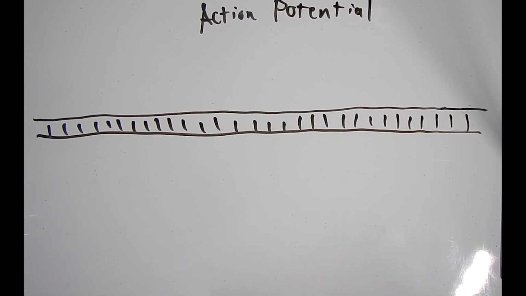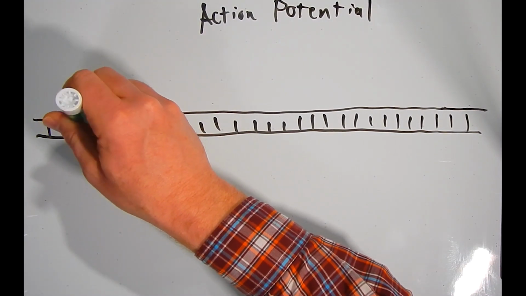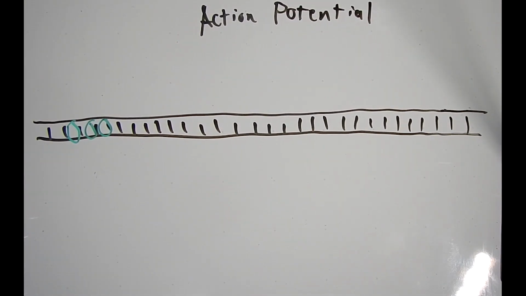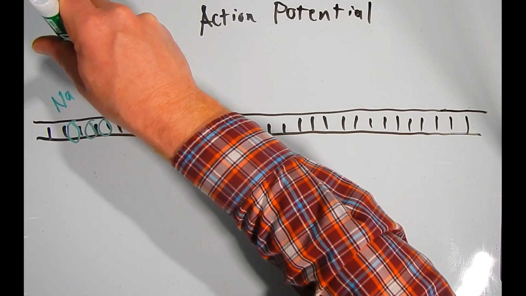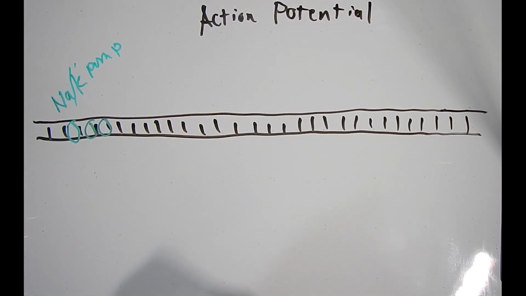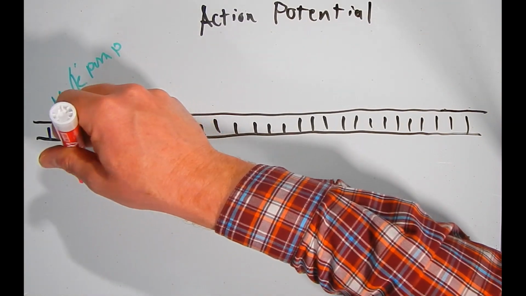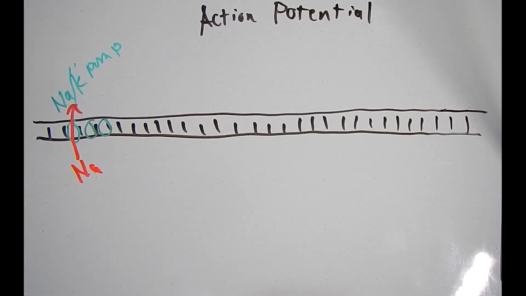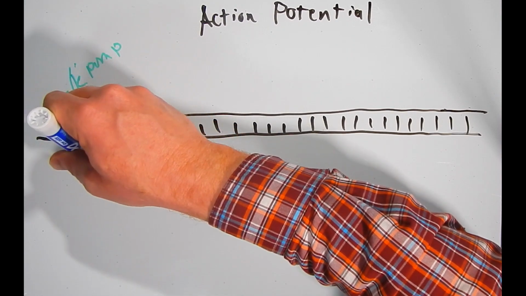The first thing we want to think about here is what's going on at resting potential. At resting potential, we're going to have a series of ion channels we need to think about. The first of these is the sodium-potassium pump. That sodium-potassium pump will first take sodium that's inside the cell and pump it out, while at the same time taking potassium that's outside the cell and pump it in.